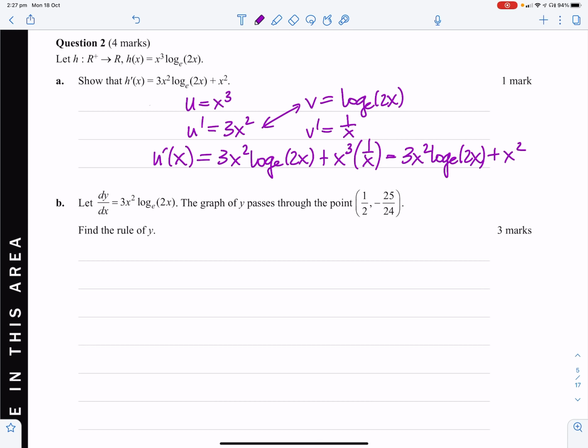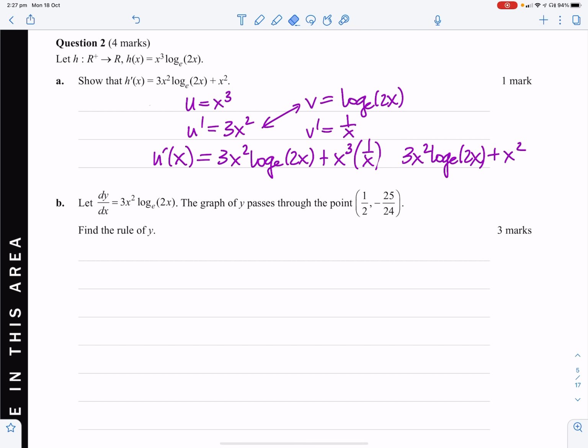You don't want to lose marks when you don't need to, if that makes sense. You don't want to lose marks for not showing working, and it only takes a second to write it out.